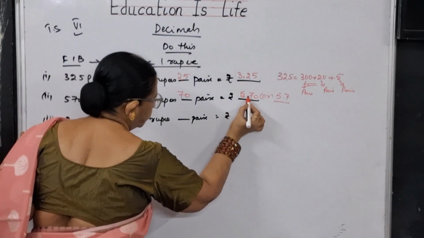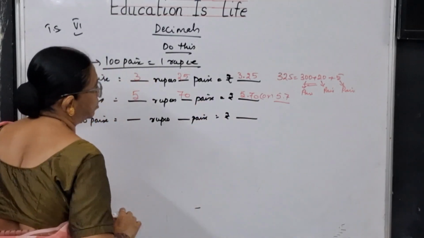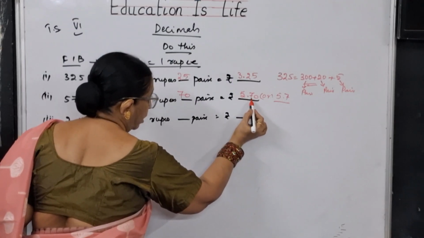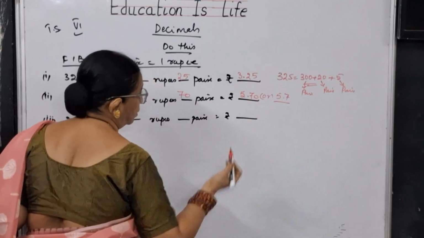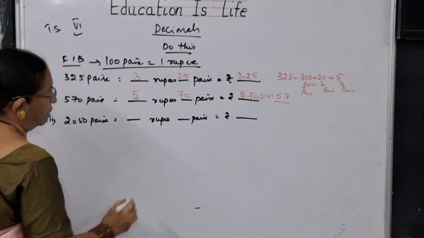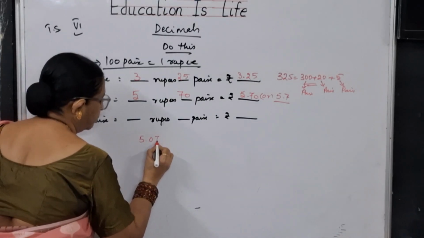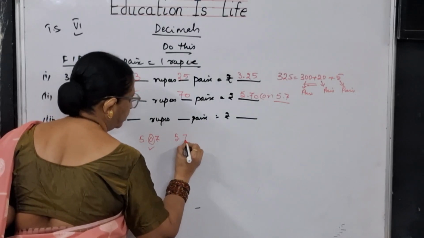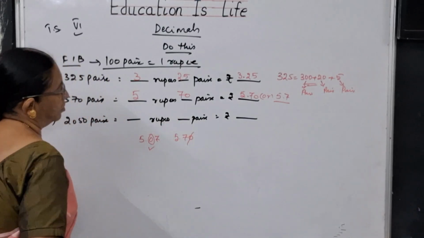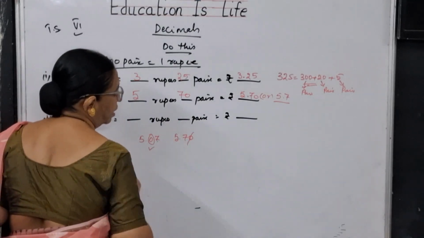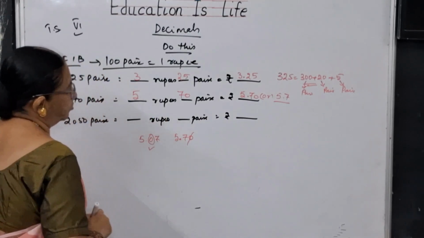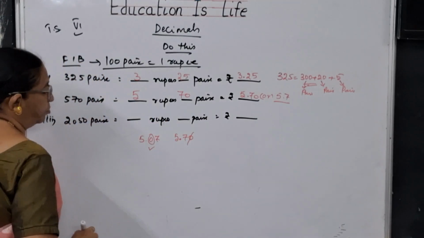All the zeros before decimal are countable, but if you have any zero after the decimal, at the end of the number, you can strike it off. 5.07 means you have to keep this zero as it is, but 5.70 means you can cancel this because this zero is in the last. Last zeros can be cancelled if you have got decimal. That you need to remember.